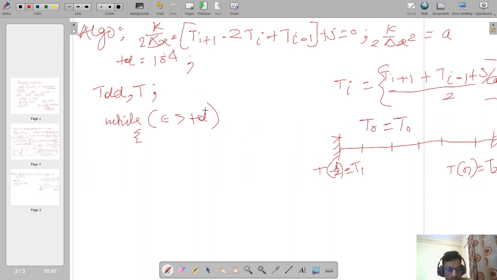Okay, so first we have to define the initial condition for T old and T, and then we also have to define the boundary condition. So we say T1 is equal to T1 and Tn is equal to T2.